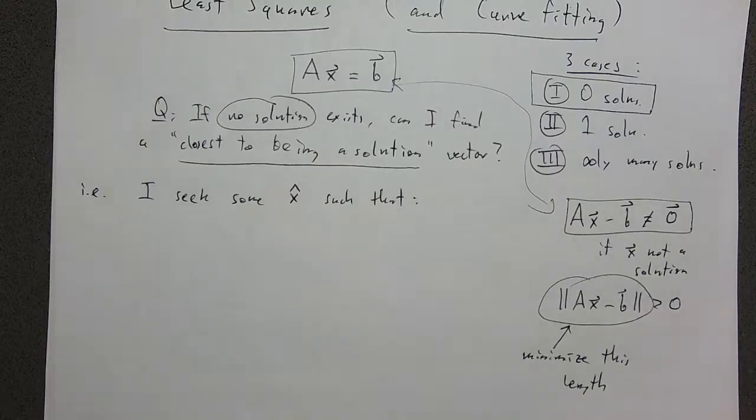Do you see it? Well, the length of a vector is the square root of a sum of squares. And if you minimize the square root of a thing, you're minimizing the thing under the square root, since square root is an increasing function. So we are minimizing the sum of squares. Hence, we're seeking the least squares.